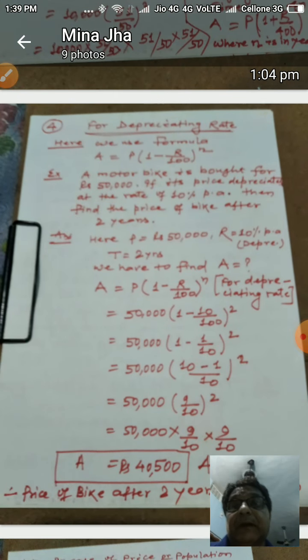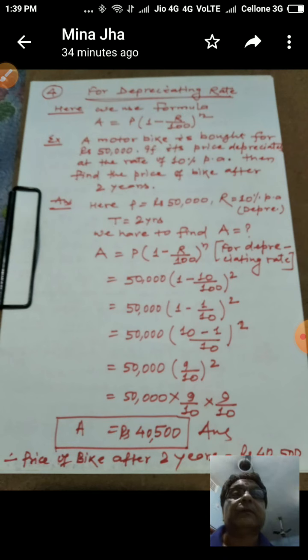So here one case is when the question contains depreciating rate. So what is depreciation? Depreciation means to reduce, to become less, किसी चीज़ का कम होना. So this question is also related to our day-to-day life situation.